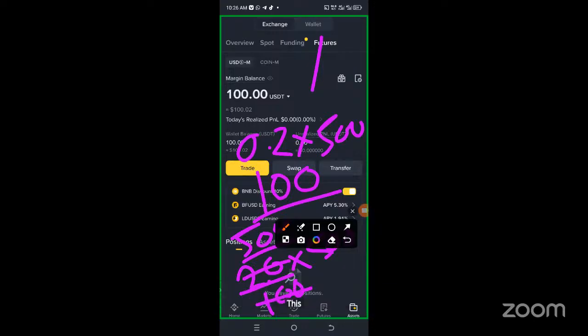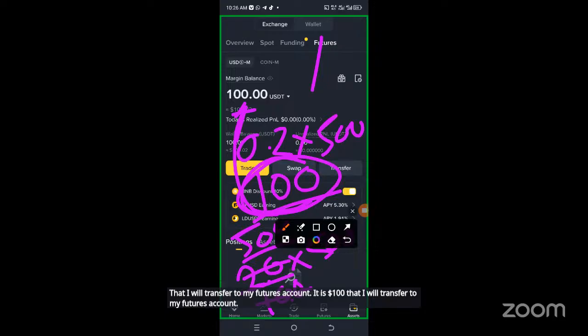So it is the $100 that I will transfer to my futures account. Therefore, the $400 will remain on my spot account.